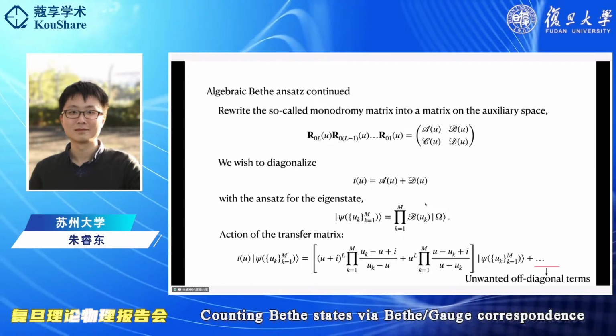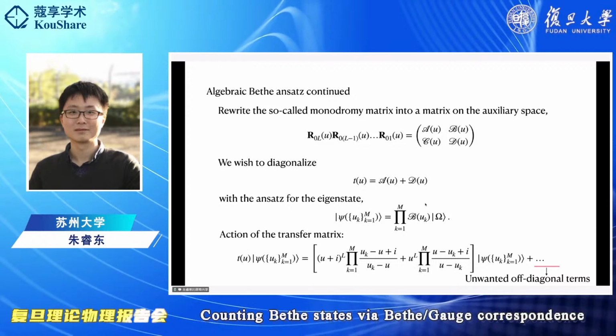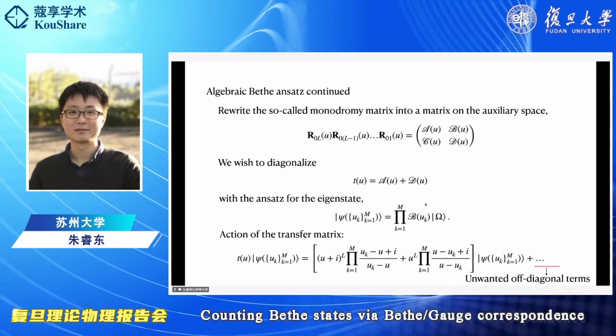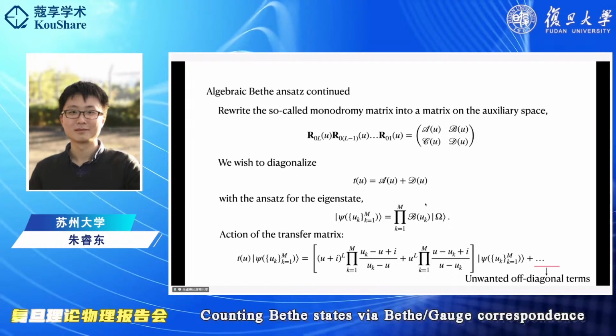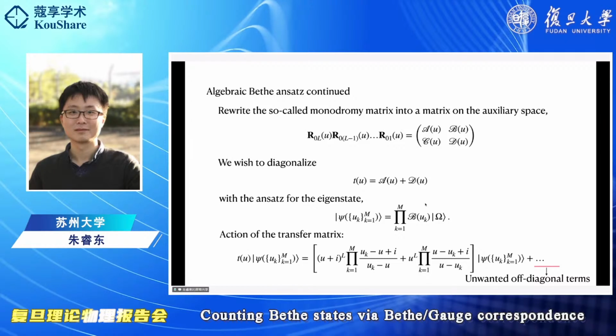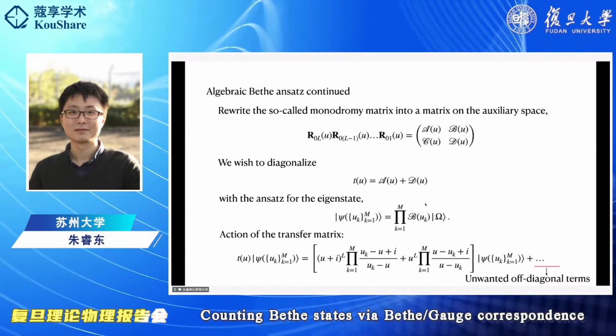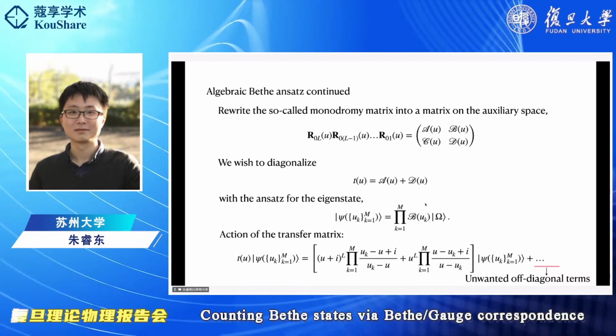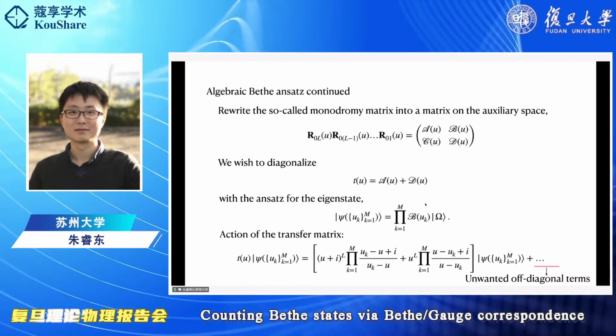So we act with the raising operator to generate the general state. And by requiring that the spectral parameters u_k take some special values, we wish to get the eigenstates of the system. It is then very easy to compute the action of the transfer matrix on this ansatz eigenstate.